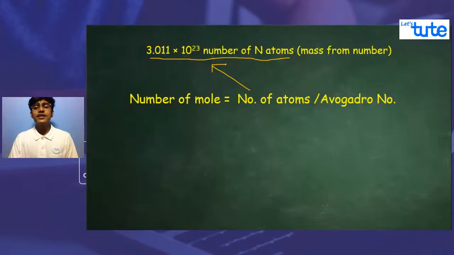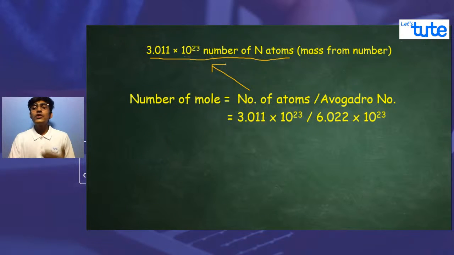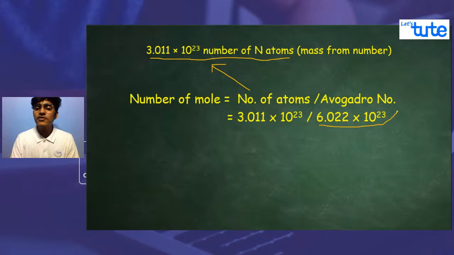Avogadro's number is nothing but 6.022 into 10 raised to 23. We simply divide the two values together, and what we get is 0.5.